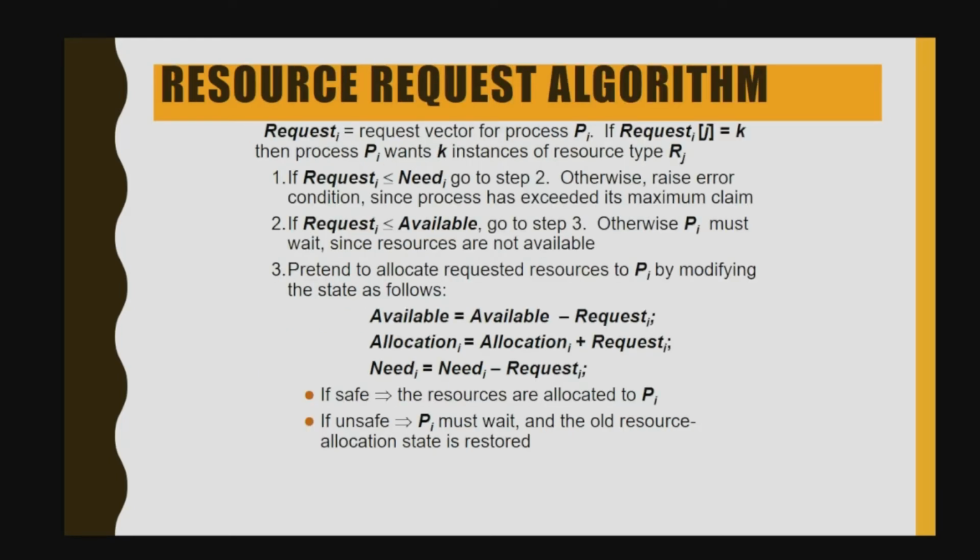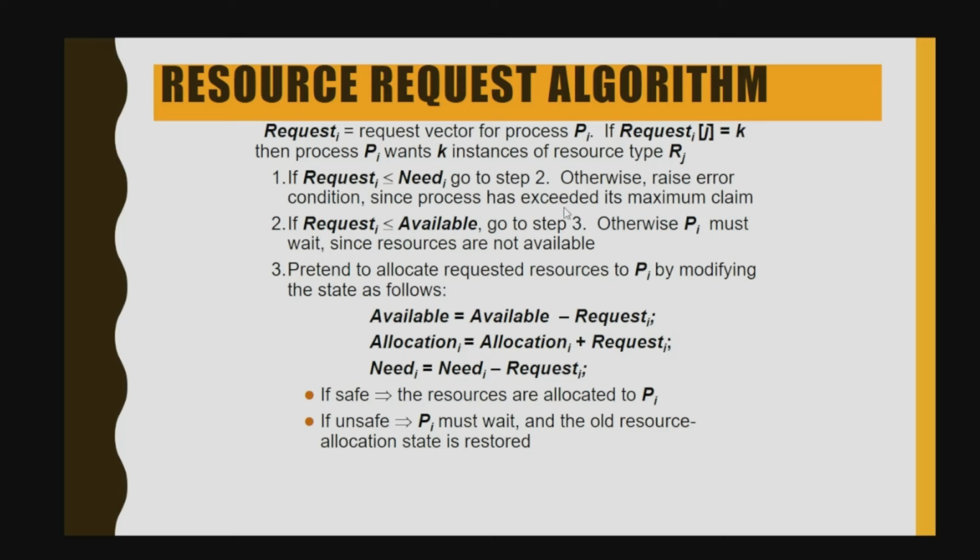For the resource request algorithm, okay, request vector for process Pi. If request[j] equals k, then process Pi wants k instances of the resource. If request is less than or equal to need, we go to step number 2. Otherwise, we raise an error condition since the process has exceeded its maximum claim.